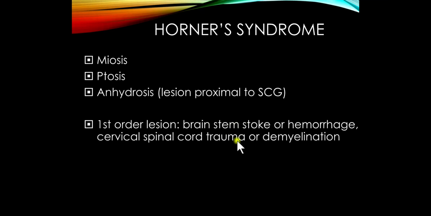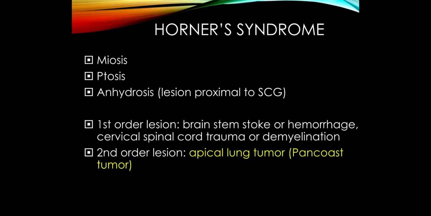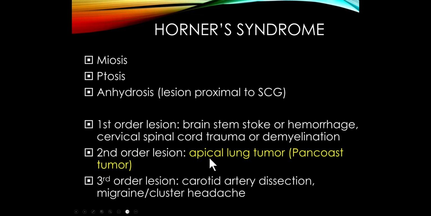Since these fibers travel through the cervical spinal cord, if someone has a high cervical cord lesion, or a demyelinating condition like multiple sclerosis of the cervical cord, you could get a Horner syndrome. I highlight this just because of its frequency on board questions. A Pancoast or an apical lung tumor will give you a Horner syndrome.